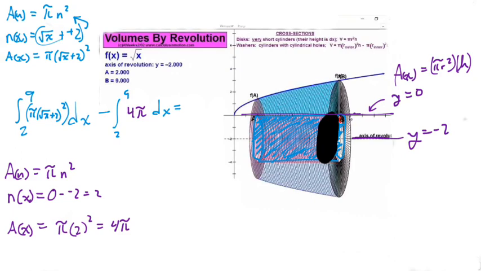But before I plug it in my calculator, let me show you how you can simplify it. Because it says subtraction, and because we have the same interval, we can just go the integral from 2 to 9 of pi times the square root of x plus 2, squared, minus 4 pi, and we can put parentheses around this whole thing, dx.